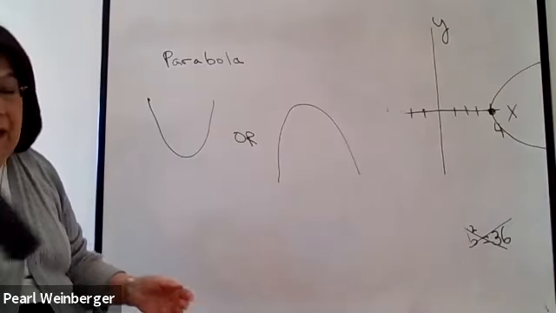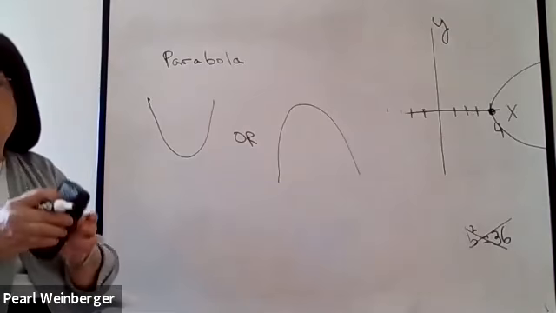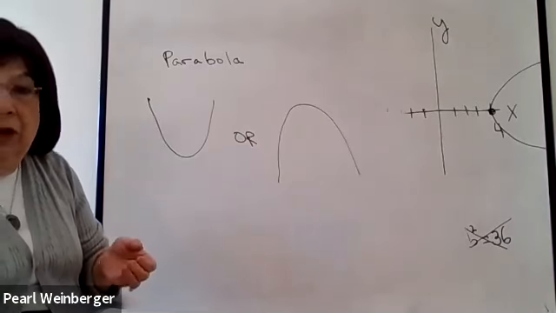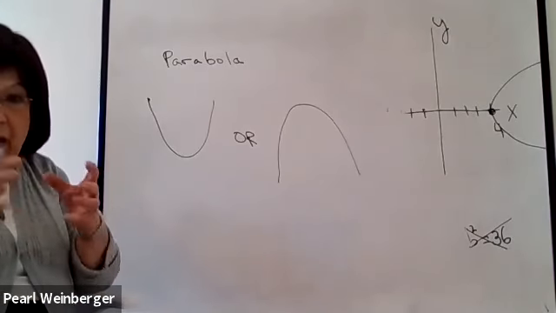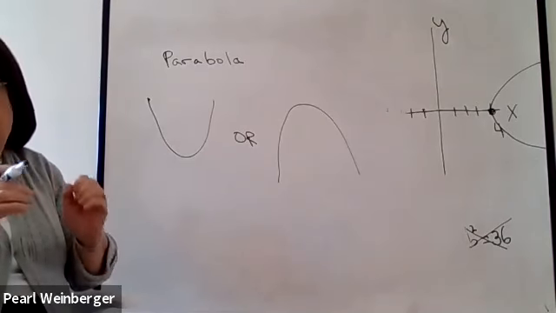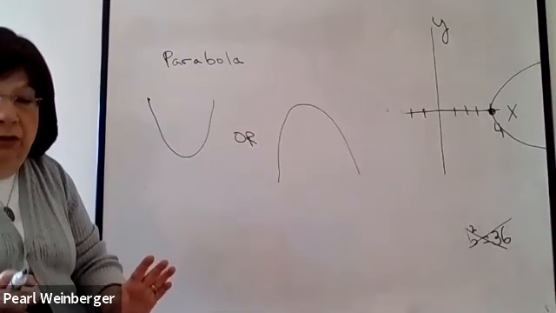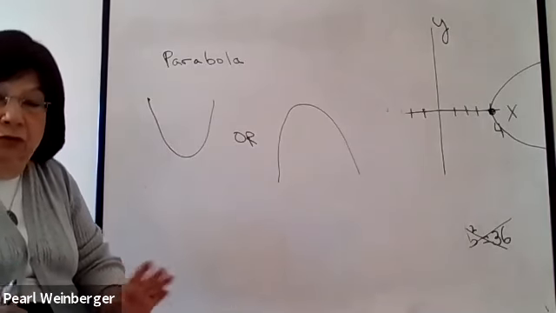What's different about the equation of a parabola is that we don't have both x squared and y squared in the equation. We're just going to have an x squared. The y will be linear; the y will stand alone.